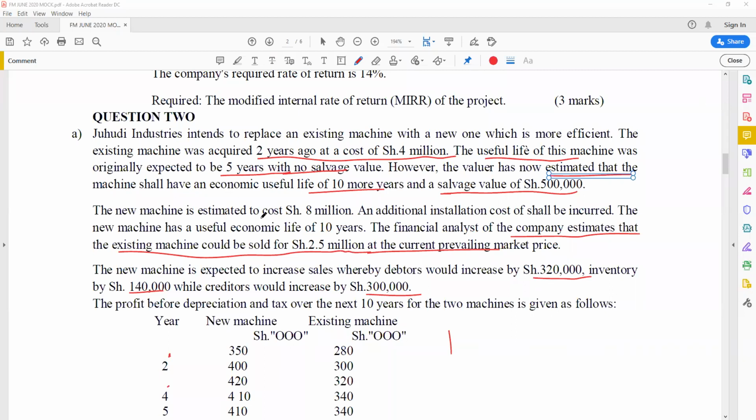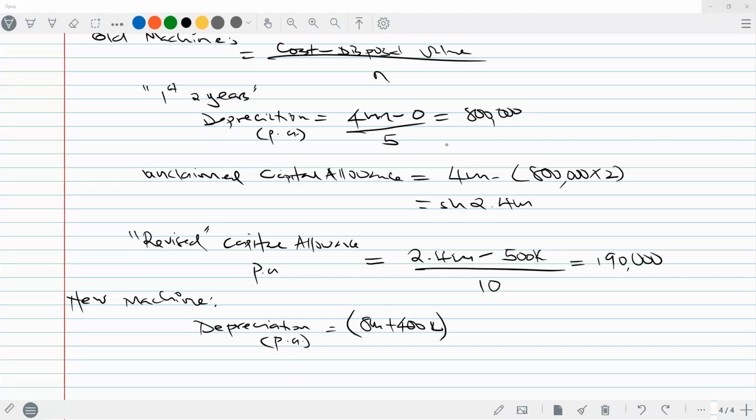The new machine has a cost of 8 million plus the additional installation cost of 400,000, a life of 10 years, and nothing mentioned about its disposal value, so we assume it to be 0.